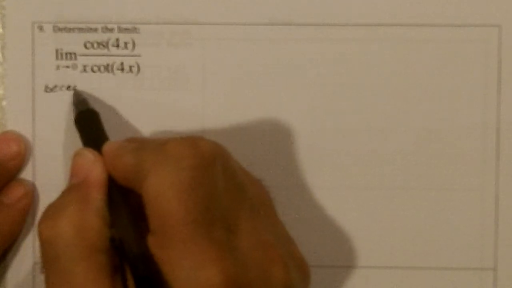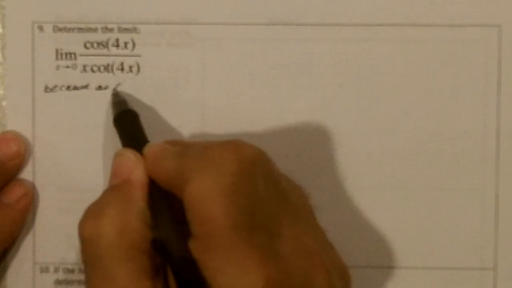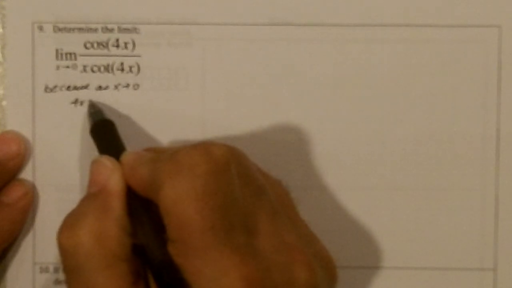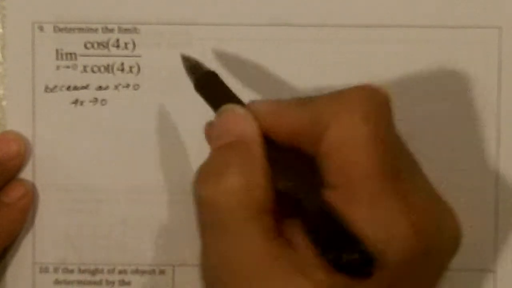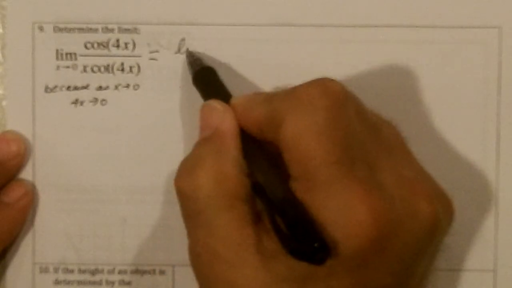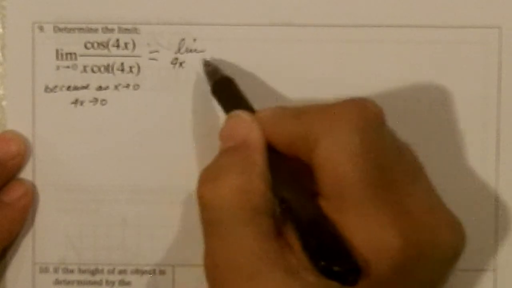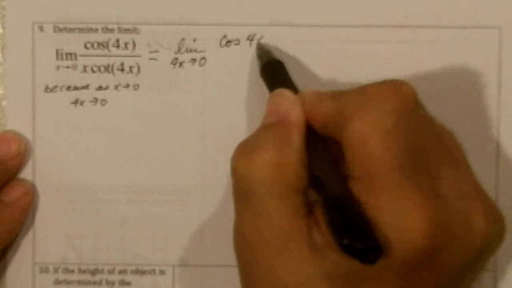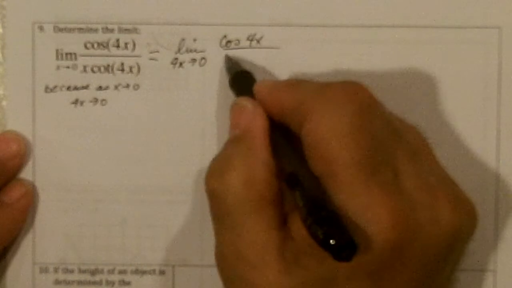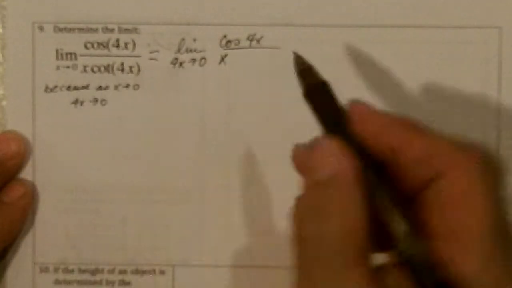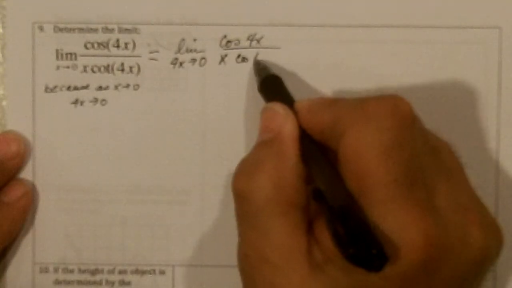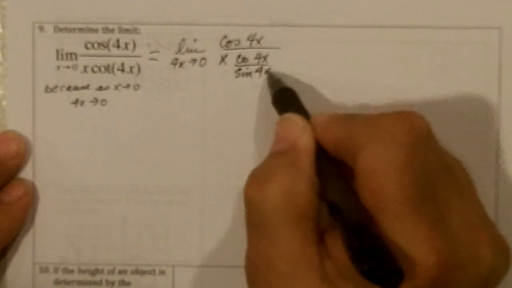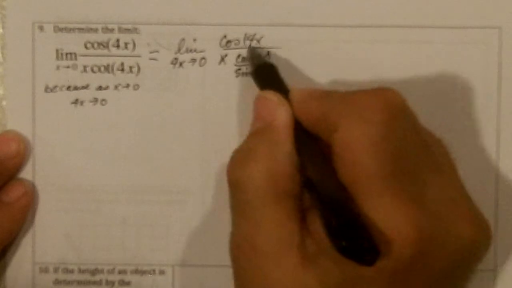Because as x approaches 0, 4x approaches 0, we can write the limit as x approaches 0 of cosine 4x over x times the cotangent, which is cosine 4x over sine 4x. Little trig identity.